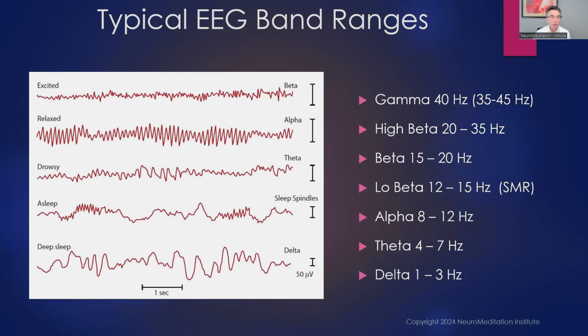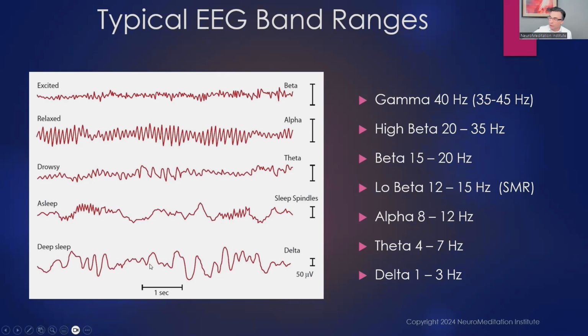You can see the delta on this screen. Here's 1 second of time. There's delta, with only a few cycles within that second. It's very slow. Now you look at theta, and there are more like 5 or 6. This is how we distinguish brainwave differences.